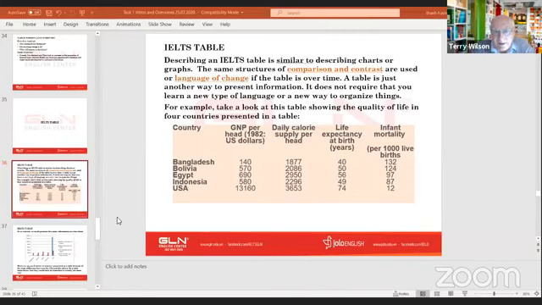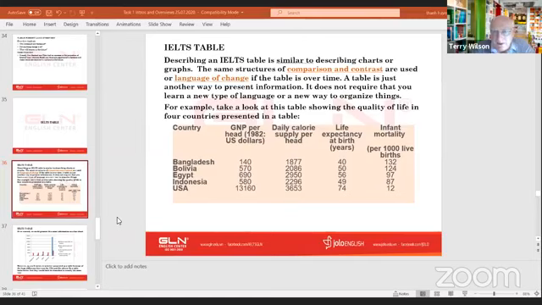Daily calorie supply per head. Well, Bangladesh, Bolivia and Indonesia are very similar. Egypt is a lot higher, and the USA is even higher. Life expectancy at birth, again, there's a big difference between the USA and the other countries.